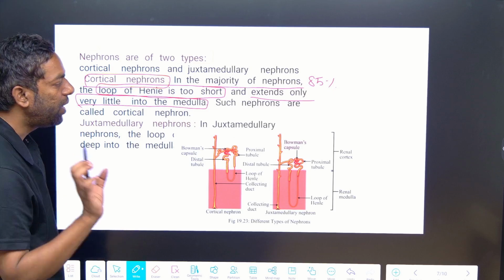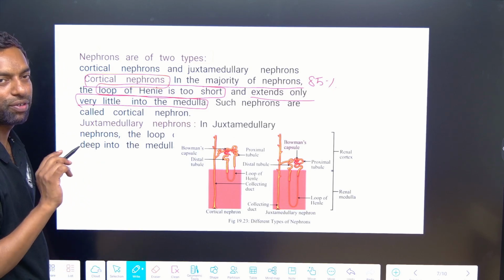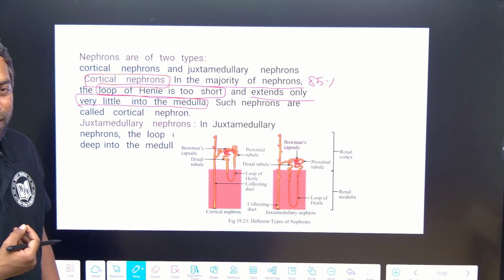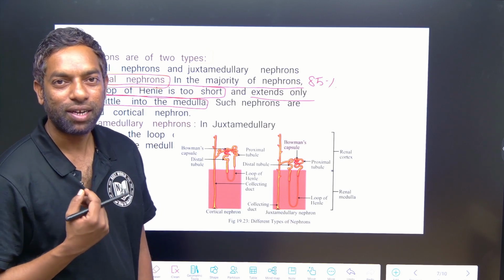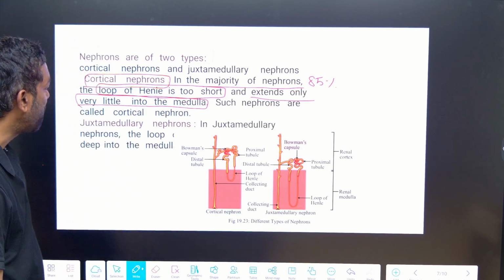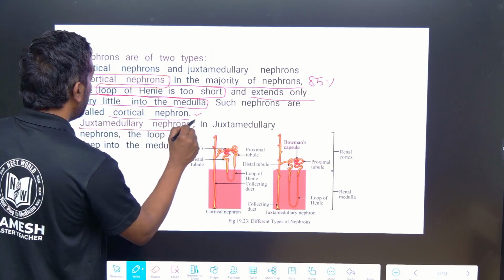It is very little, not absent. Don't get confused; they might give you a choice saying the Henle loop is absent in the medullary region of cortical nephrons.